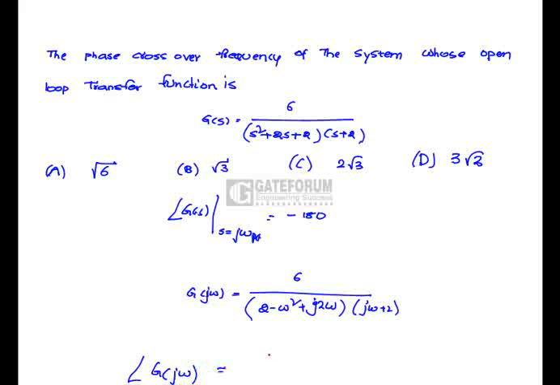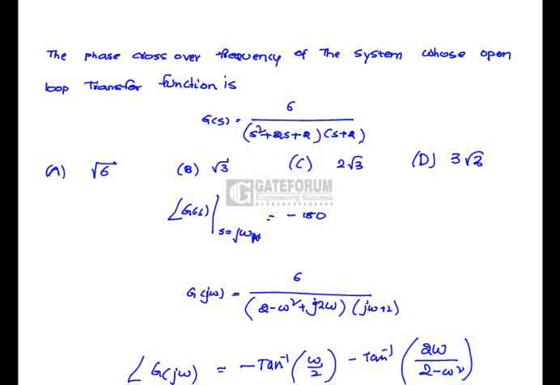So angle of G of j omega is equal to minus tan inverse of omega by 2 minus tan inverse of 2 omega by (2 minus omega square).